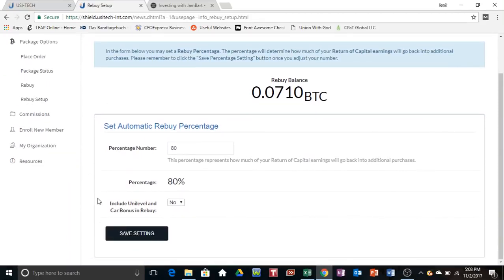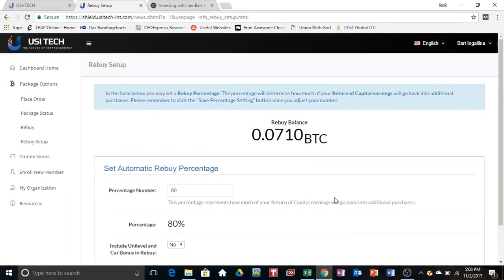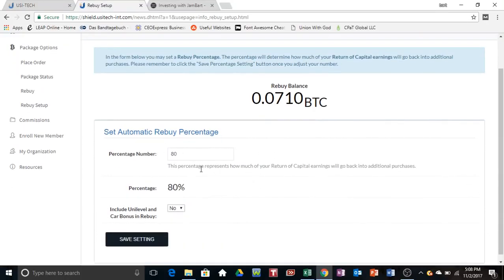You can see here on their website, normally they had an automatic rebuy where once you met the minimum deposit amount, you could have it automatically rebuy a new package. Well, now they have this new feature called the automatic percentage rebuy.